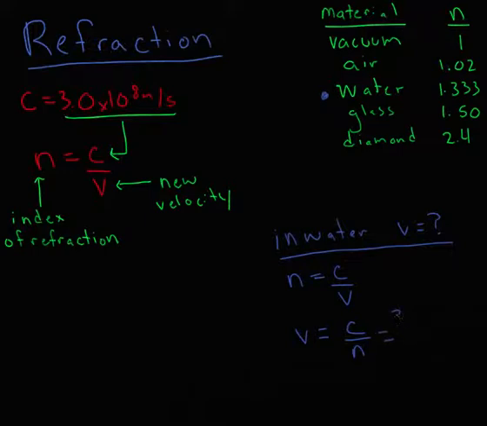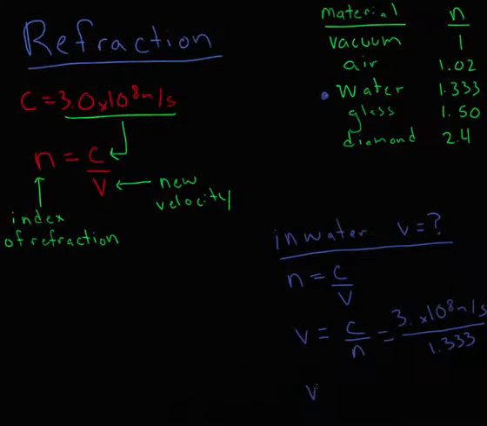So if we plug in our value of 3 times 10 to the 8th meters per second, and divide that by n, which is 1.333, let's grab a calculator. Should have grabbed one before I started this. All right. 3 divided by 1.333 is 2.25.